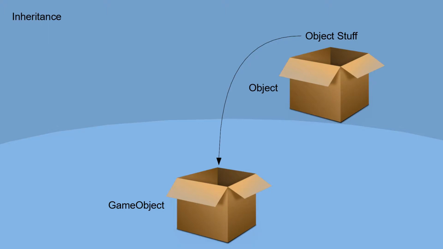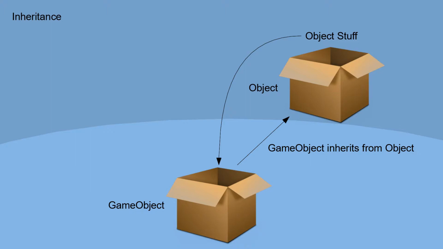And that's exactly what we do. In programming, we say that the game object inherits from object. So when a game object is produced in Unity, it takes a copy of the object's variables, definitions, and methods, and puts it into that instance of our game object.